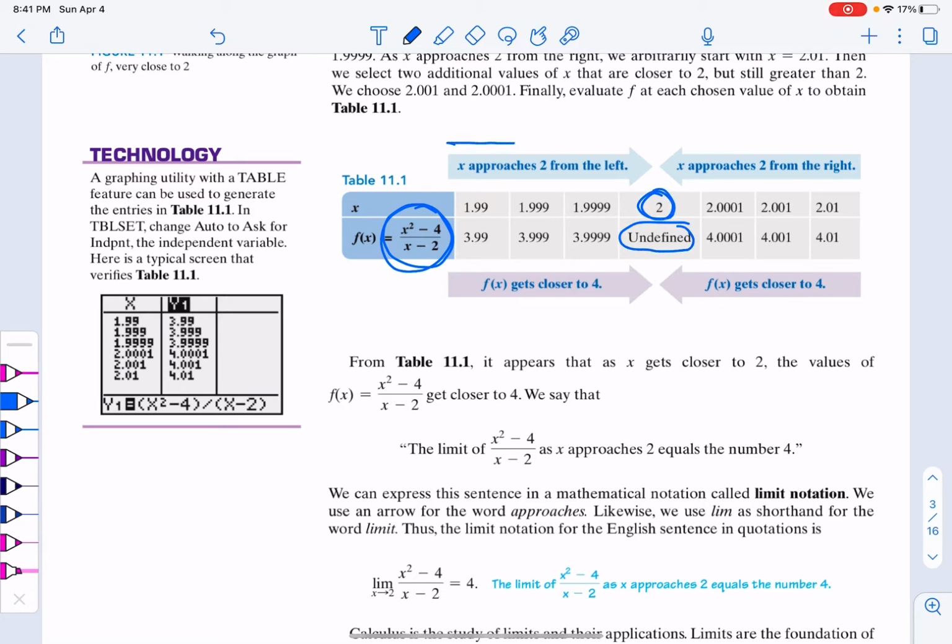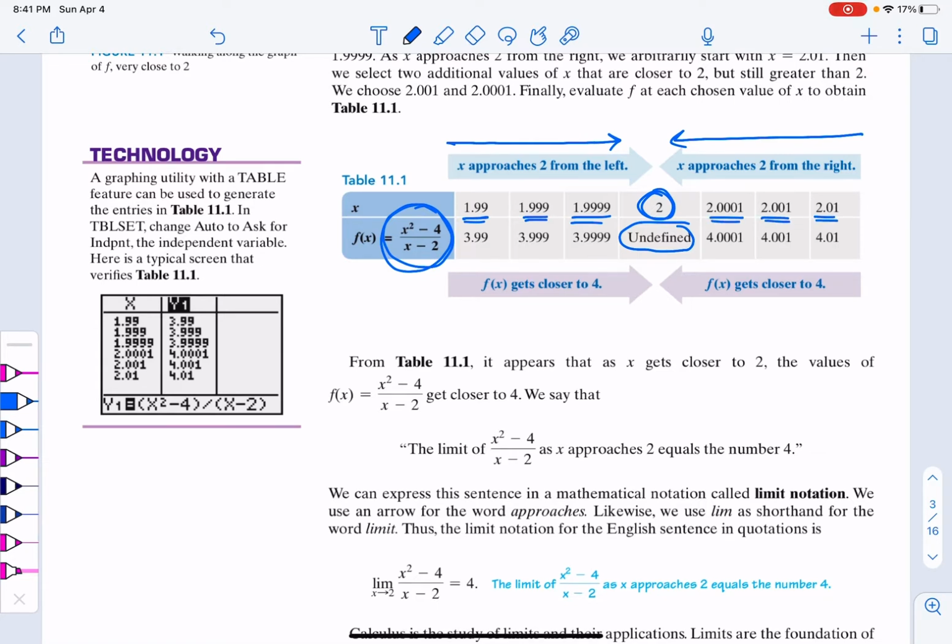So what happens as we approach 2 from the left-hand side, and from the right-hand side? They want to get as close as they can without equaling 2, so they use values like 1.99, 1.999, 1.9999, and then jump to the other side with 2.0001, 2.001, 2.01.